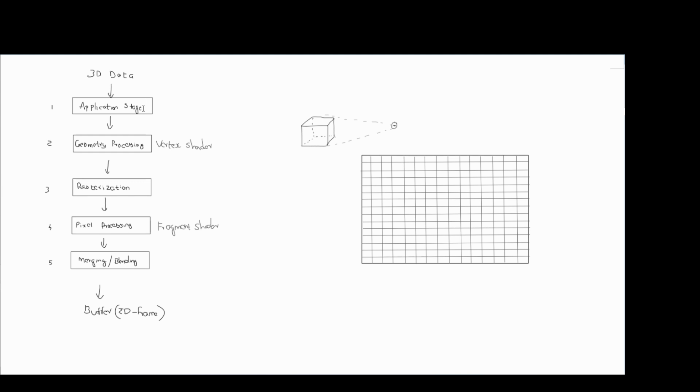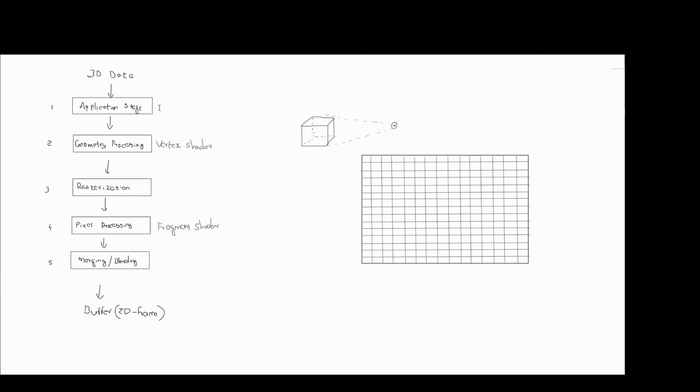In the initial stage, the application stage, the CPU prepares the data. So which data needs to go to the GPU, which data is processed by the CPU. This type of division happens at the application stage. It sets the stage for the GPU to process this complex graphics rendering.